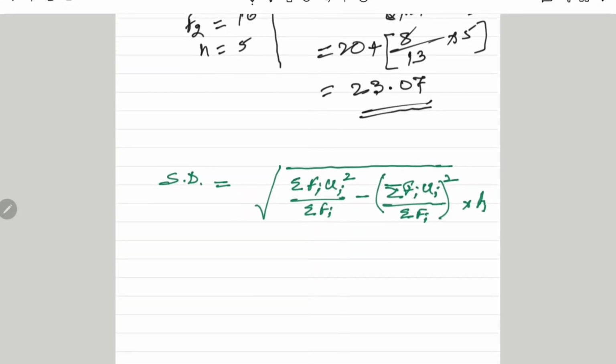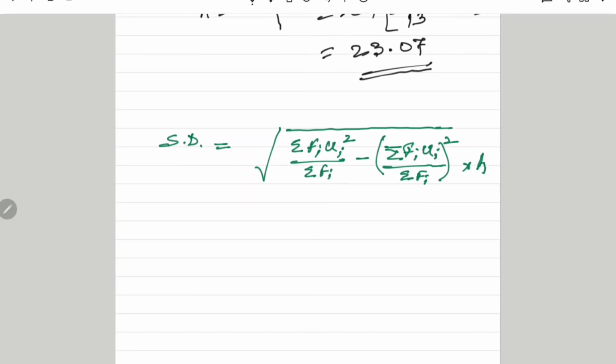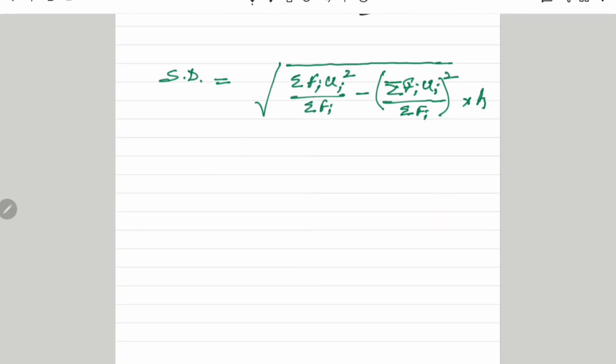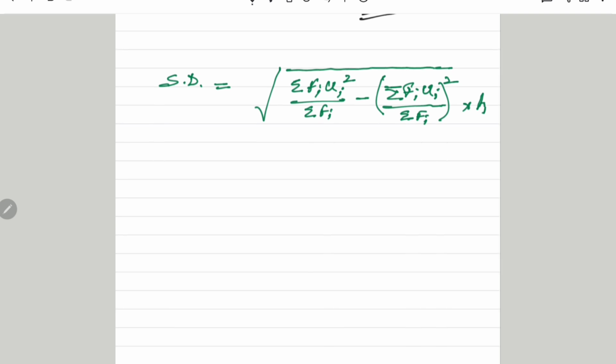The third value we require is standard deviation. The formula for standard deviation is the square root of summation of fi ui square divided by summation of fi, minus summation of fi ui divided by summation of fi, and that bracket squared, into h.